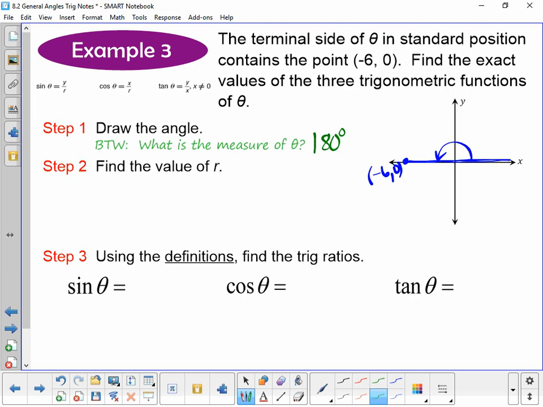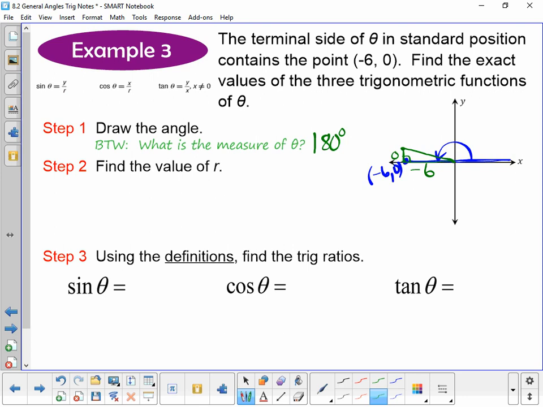I think it can be at least a little bit interesting to think about a triangle like this, where my path to this imaginary point would be that I went back 6 and I went up 0. I'm exaggerating and making that 0 seem kind of big, but we're still going to say that it's 0. So this is the triangle that we're kind of thinking about. It's certainly not a real triangle because a real triangle can't be 0 high, but that's the best way we could maybe try to imagine this situation.